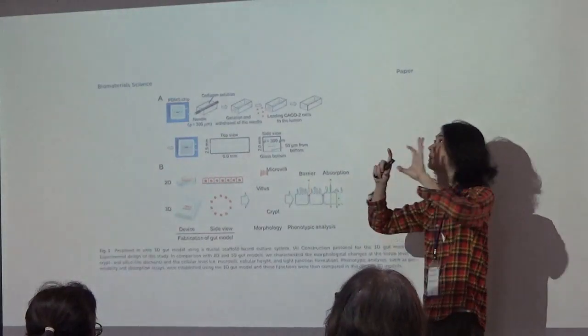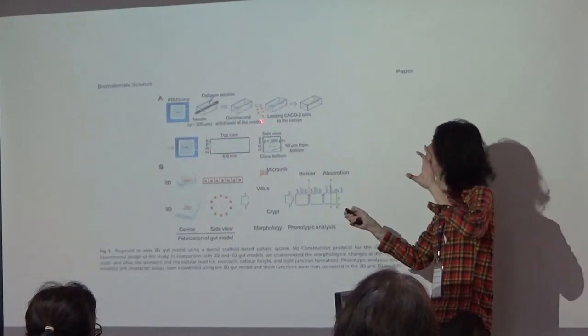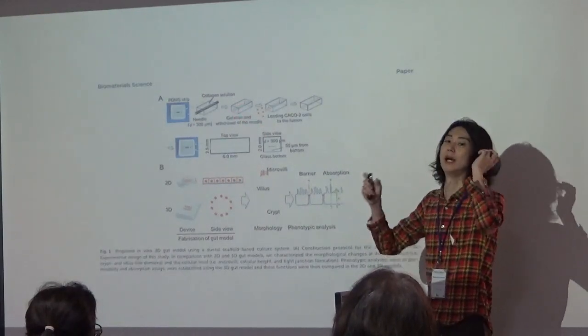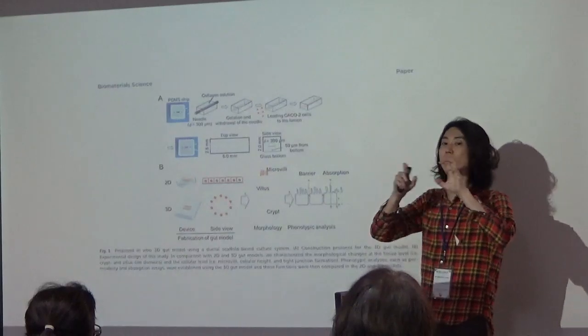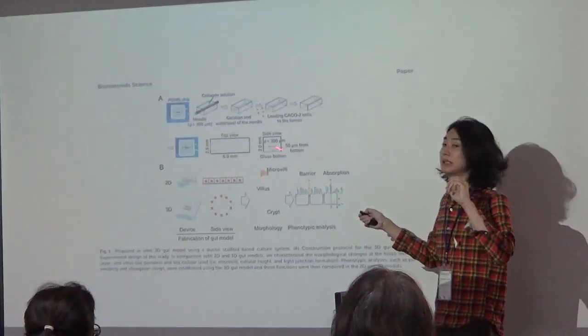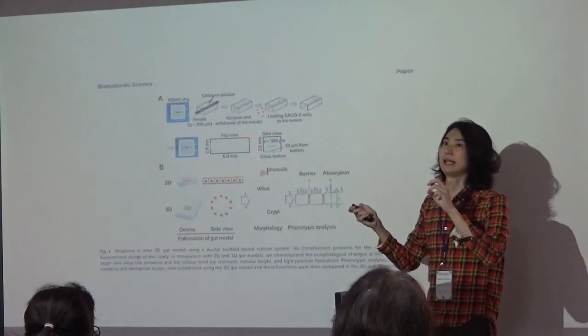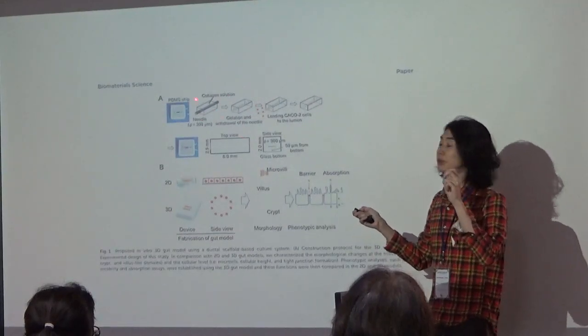For confluence, we can check the confluent state of the cells in the hollow channel using some fluorescence dye from the lumen side, and we can check the leakage of the compounds into the gel.